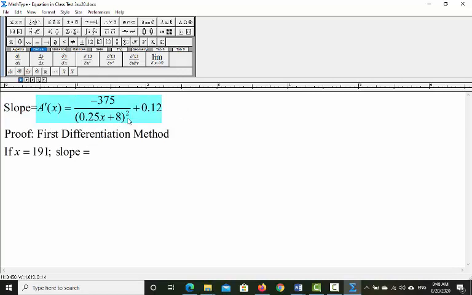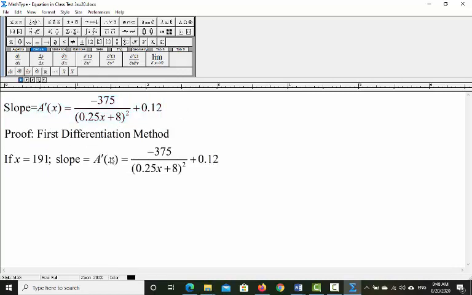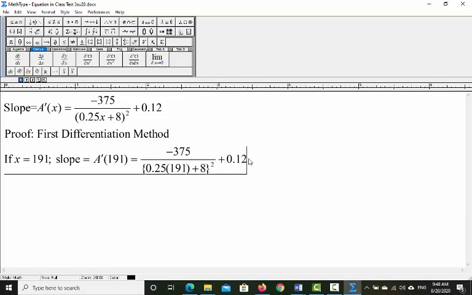Here the value of x will be 191. Let us calculate.